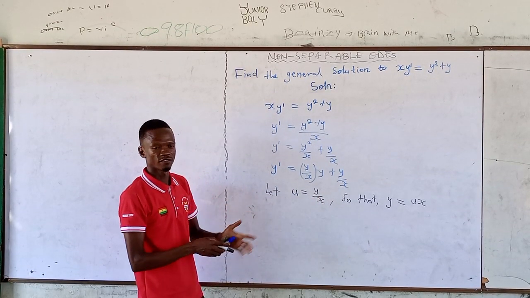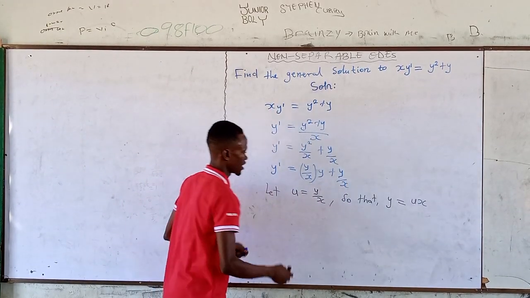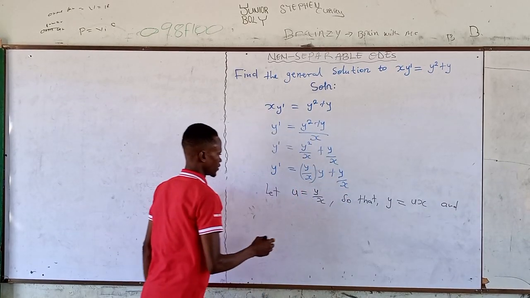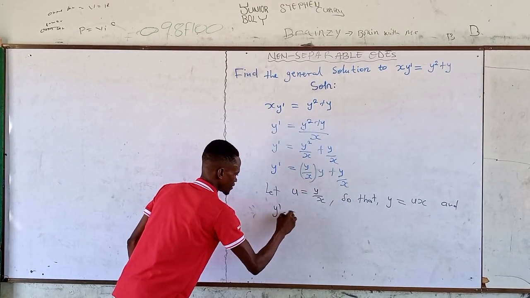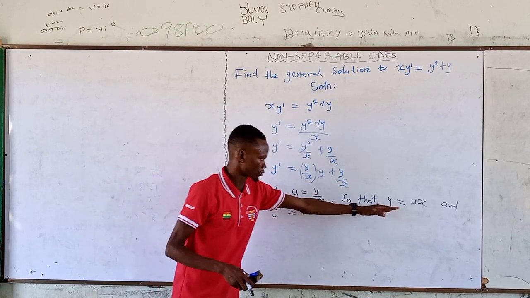And so the derivative of y, that is y prime, if we differentiate y, we apply the product rule to differentiate this particular function.